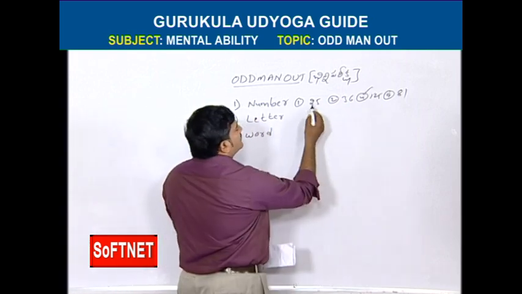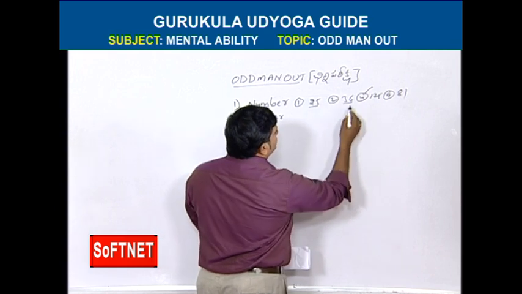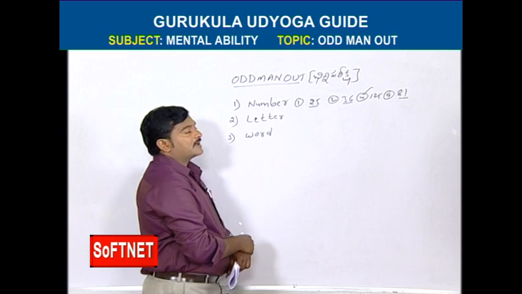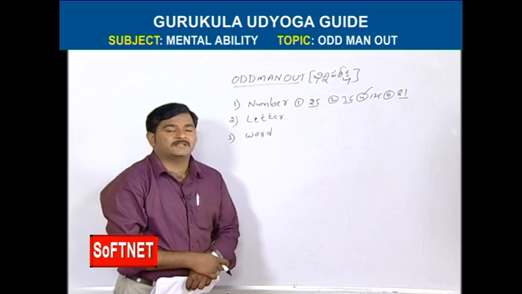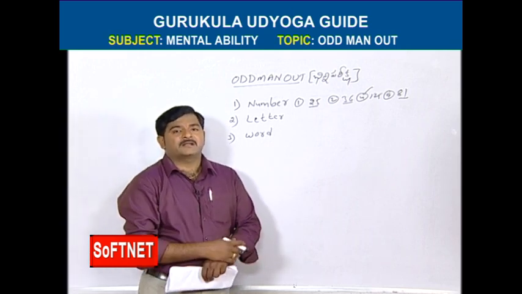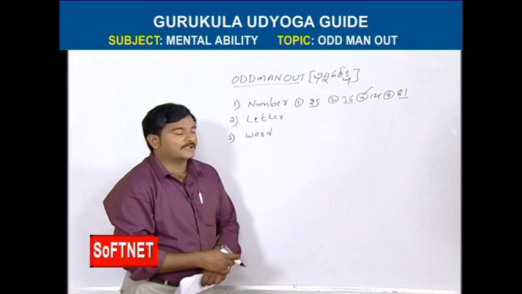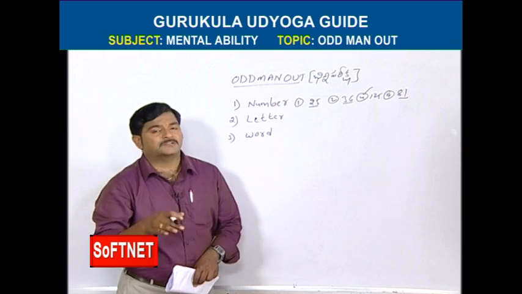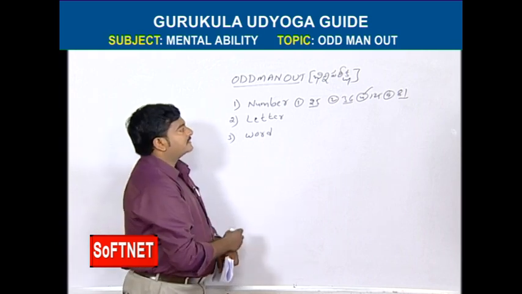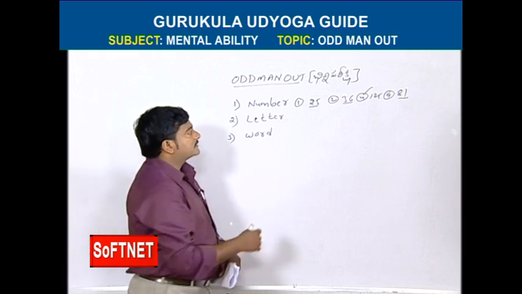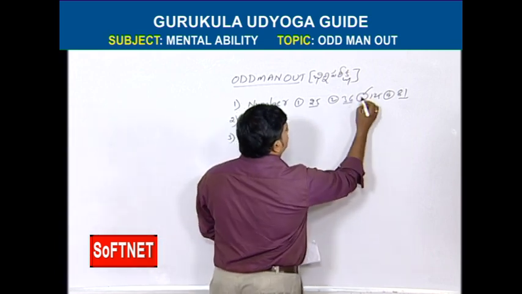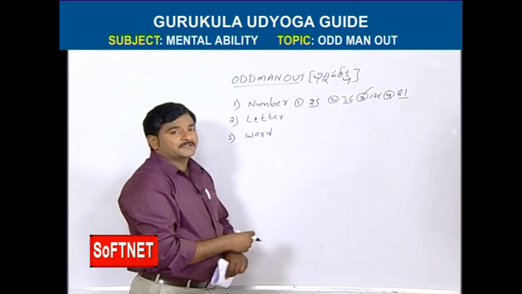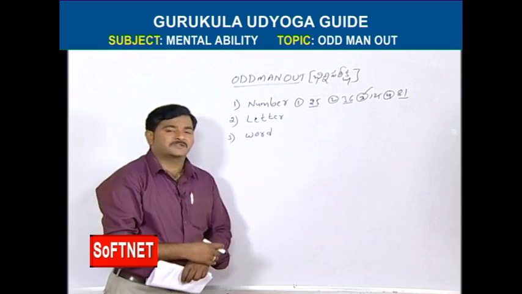Because 25 is 5 square, 36 is 6 square, and 81 is 9 square. The remaining three are squares, whereas 125 is not a perfect square, it is simply 5 cube. That's why the remaining three have a certain pattern, whereas the third one does not belong to it. Hence the answer in this question is the third option.